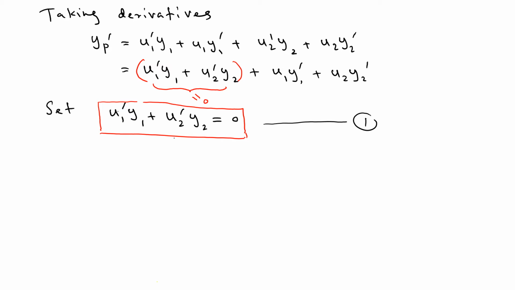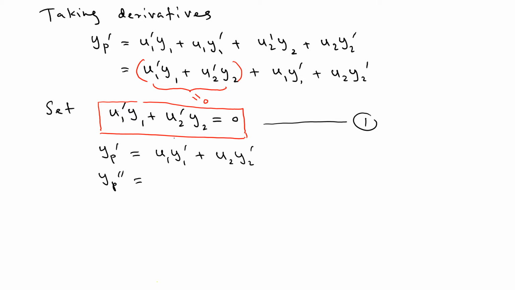Now, after this assumption, your yp prime simply becomes only the last two terms: u1 y1 prime plus u2 y2 prime. Now we're going to take the derivative of this one. So yp double prime.